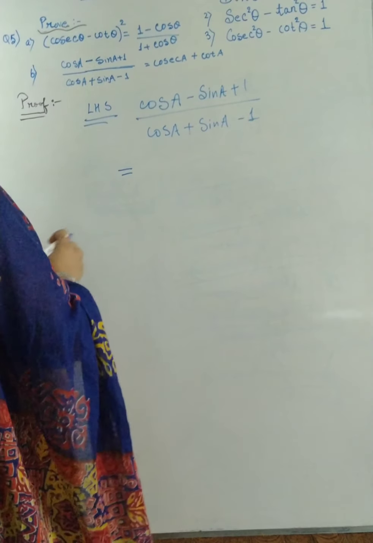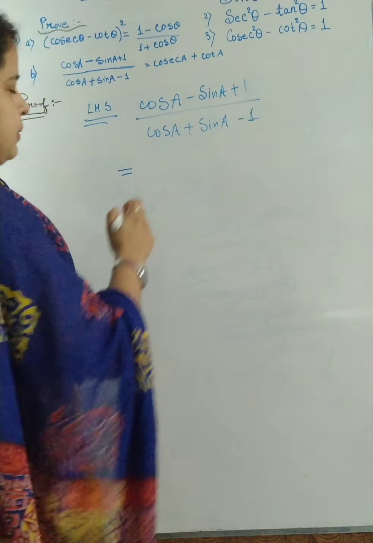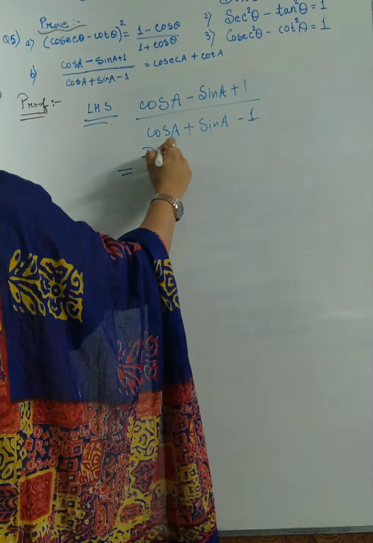I am going to divide the numerator and the denominator by some factor. What factor? Let's see. By sin A. What happens then?